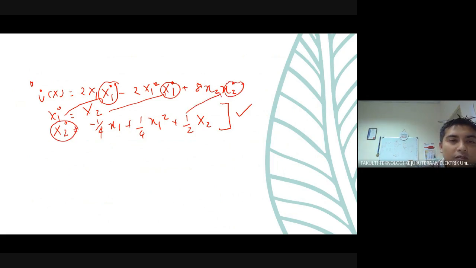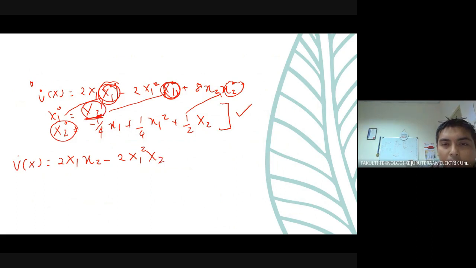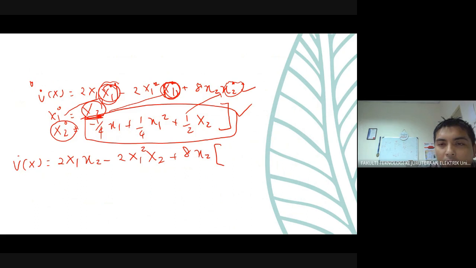So finally you get V dot x: 2 x1, the x1 dot actually equal to x2, minus 2 x1 square, x1 dot here actually equal to x2, plus 8 x2, the x2 dot here refers to this one, minus 1 over 4 x1 plus 1 over 4 x1 square plus 1 over 2 x2. So you need to solve this equation.